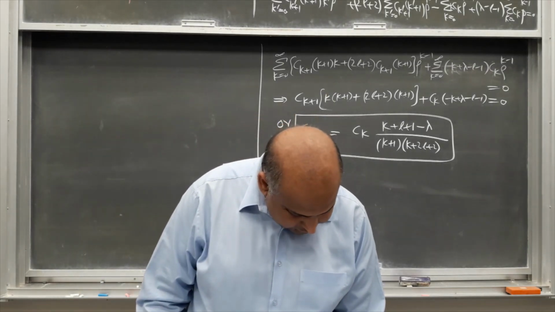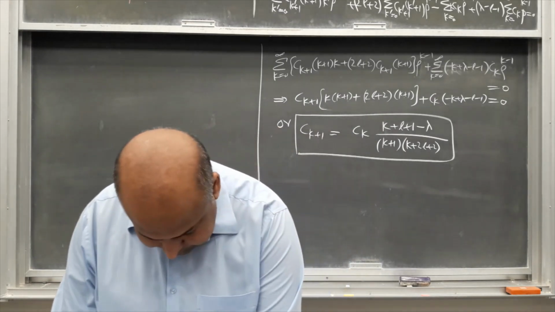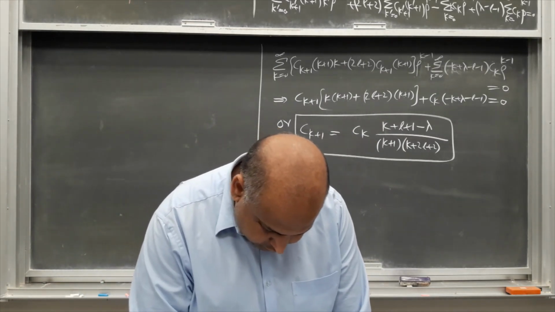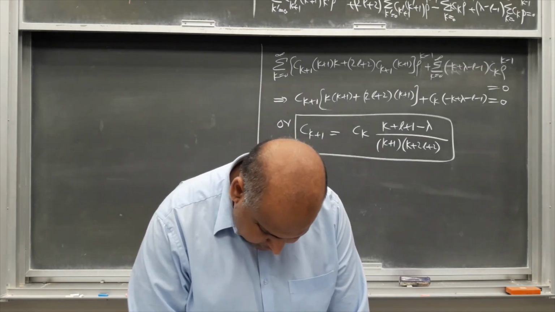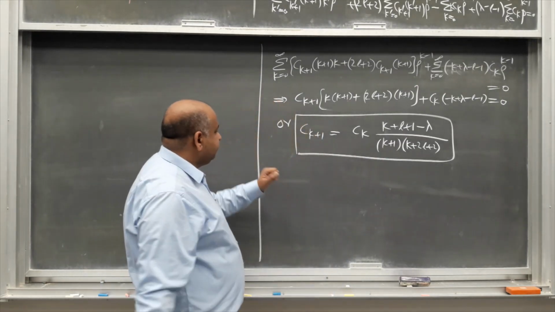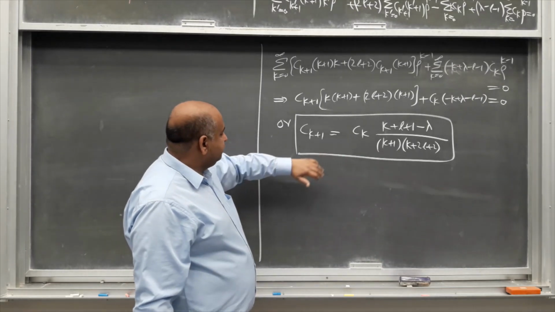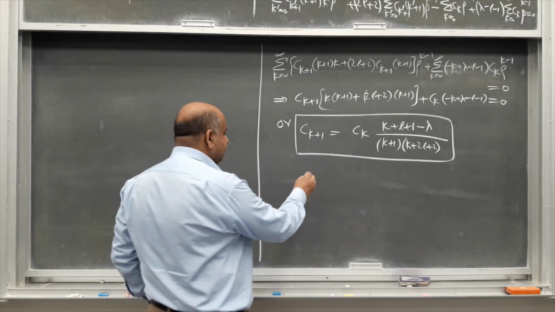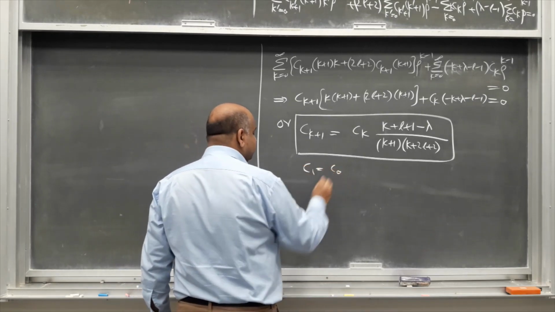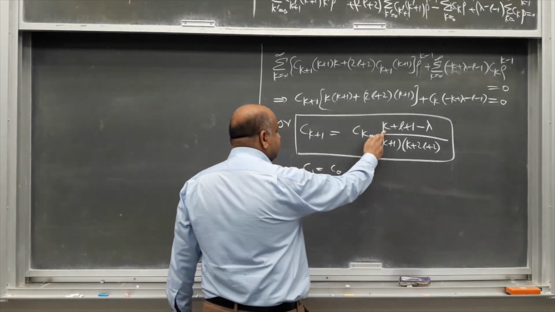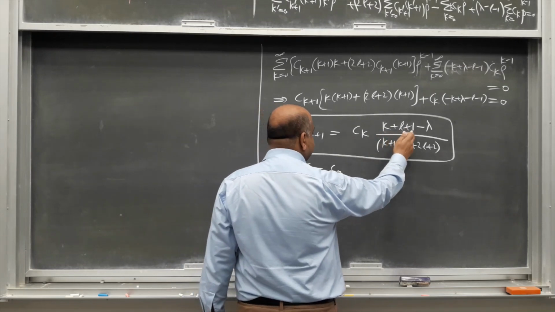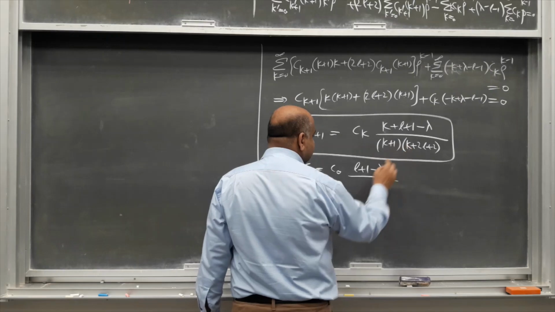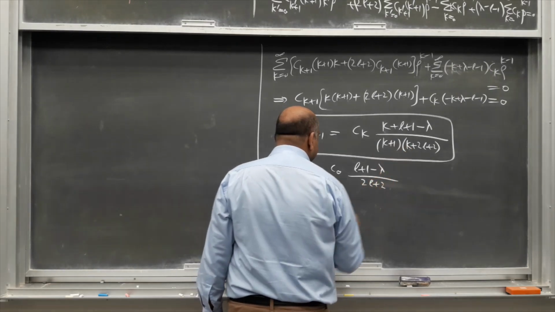Okay, let me just see that everything is okay. And there is no error. Perfect. Okay. So just to give you an example, for k equals 0, we see that c1 is c0 times l plus 1 minus lambda, over k equals 0, k plus 1 into 2l plus 2.